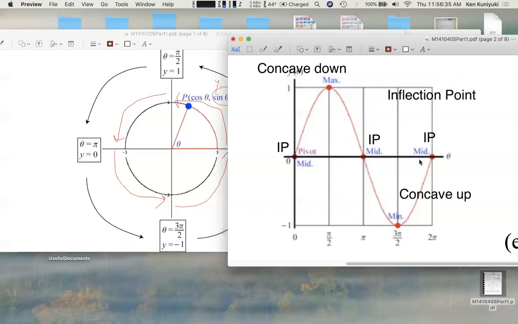All these intercepts here are also inflection points. In general, I'm going to call these points inflection points because later on we're going to translate these graphs up and down, and they will no longer be intercepts, but they will still be inflection points. So this is an anatomy for the basic fundamental cycle for y equals sine of theta.